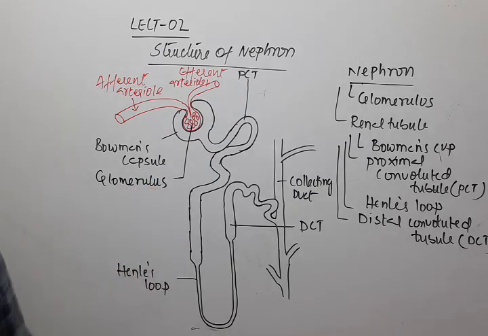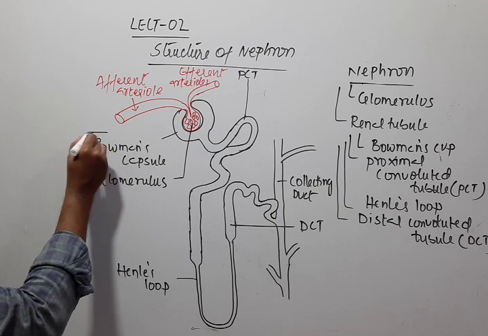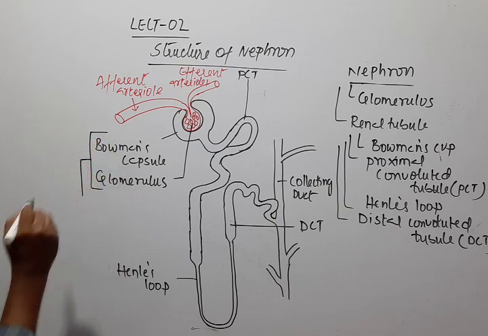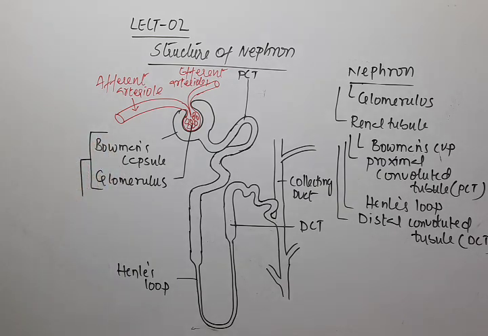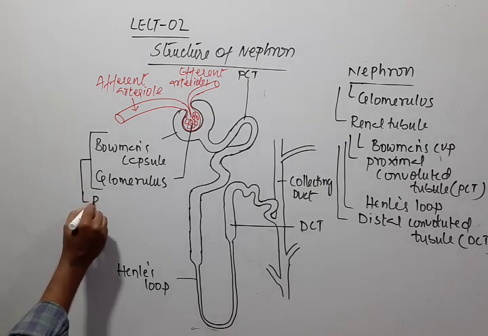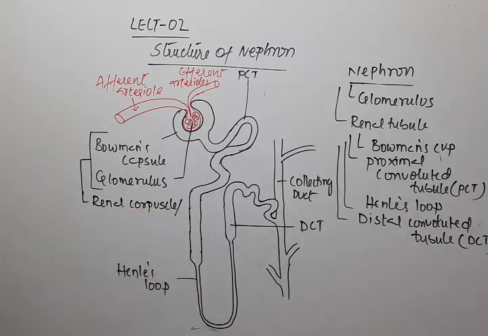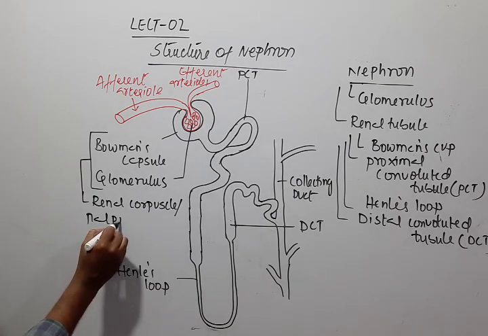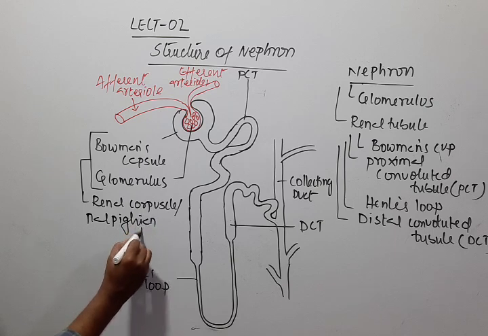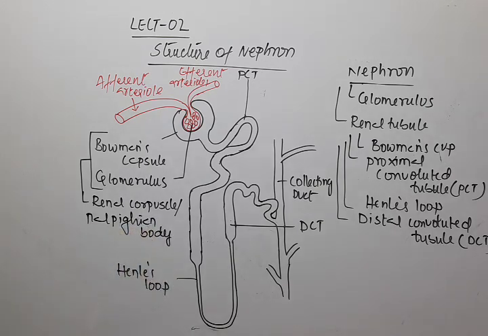Now here the glomerulus and the Bowman's capsule together, we call it a renal corpuscle. Also it is called Malpighian body. It's called renal corpuscle or Malpighian body.